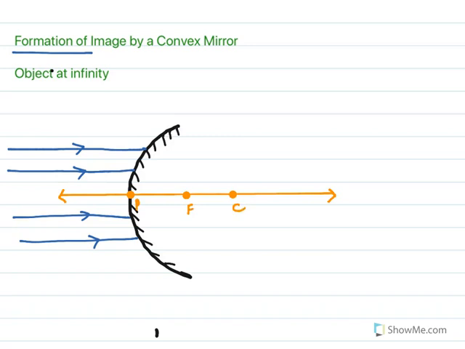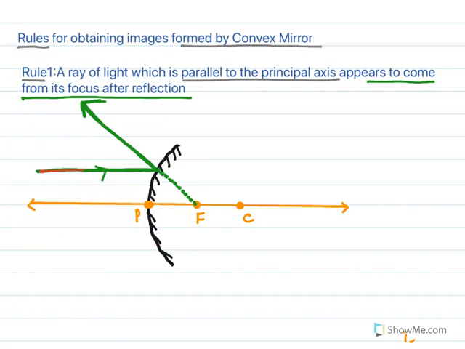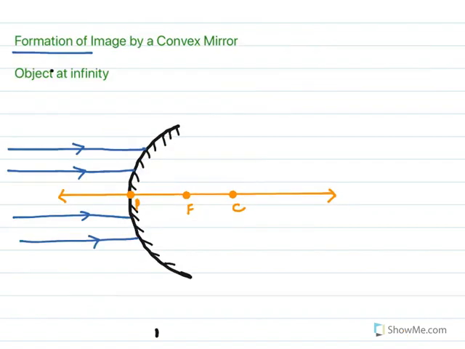Now remember that this is a convex mirror, it's a diverging mirror, and the rays that come parallel, after reflection they appear to come from the focus. We do it down again, rays that come parallel, after reflection they appear to come from the focus.